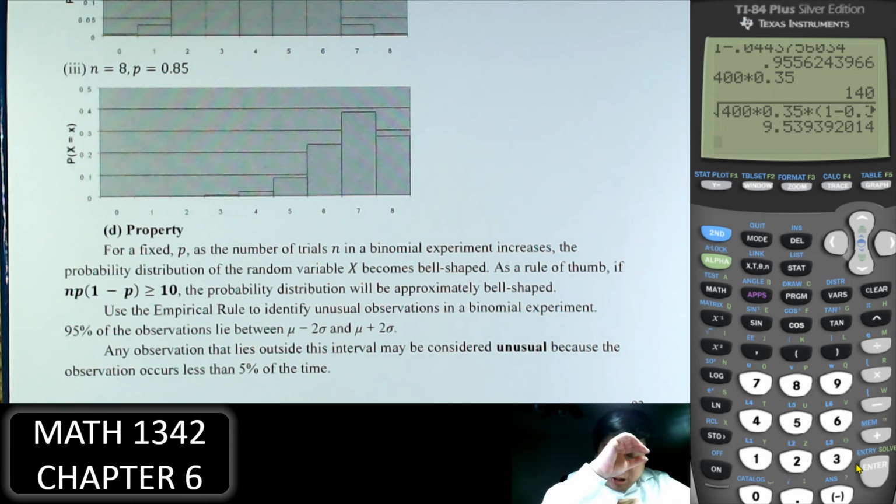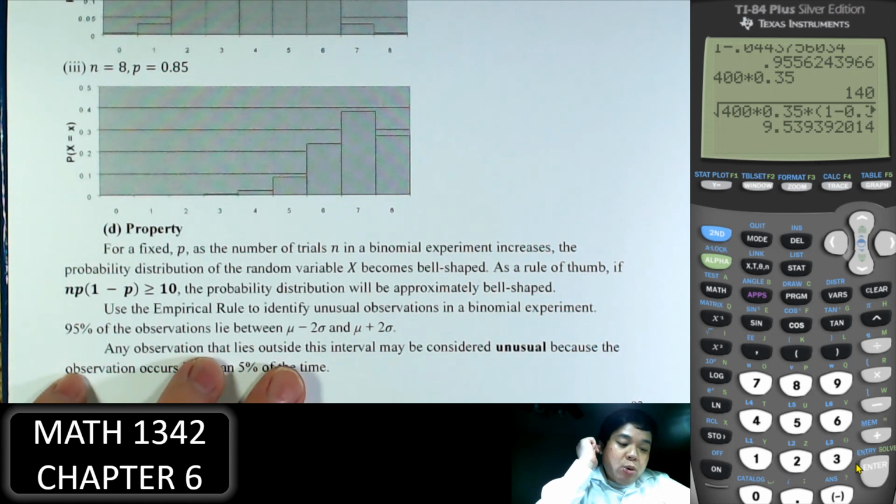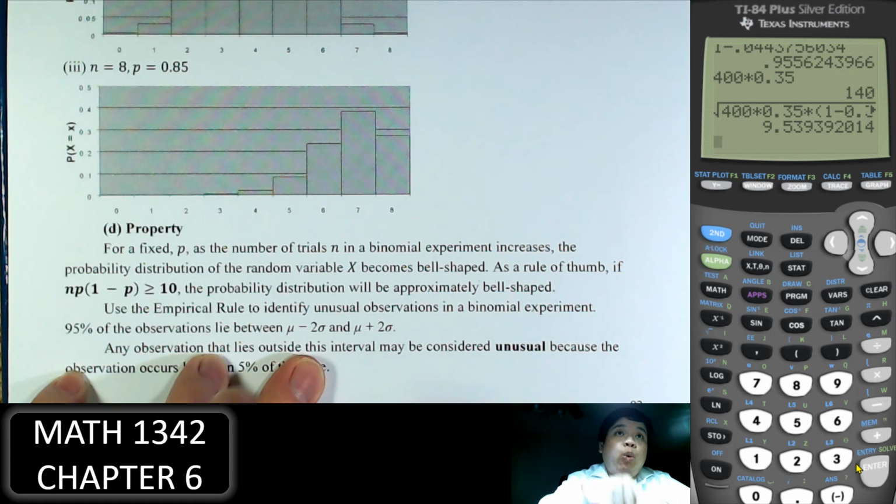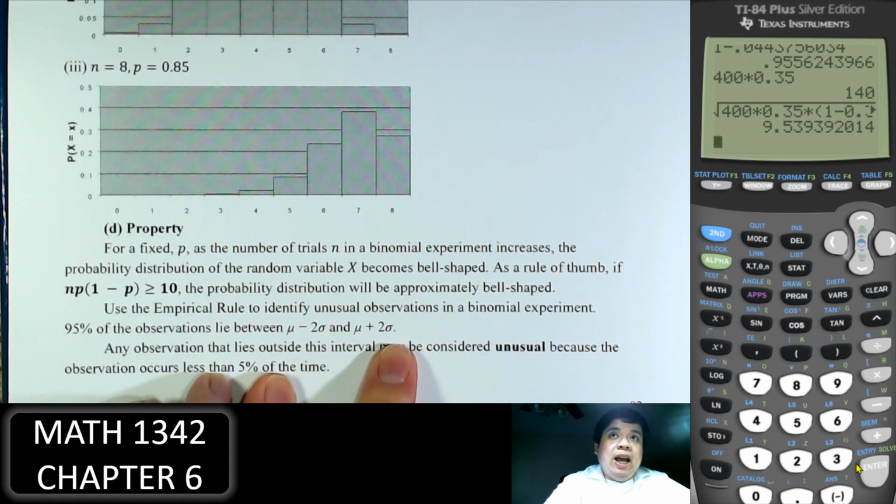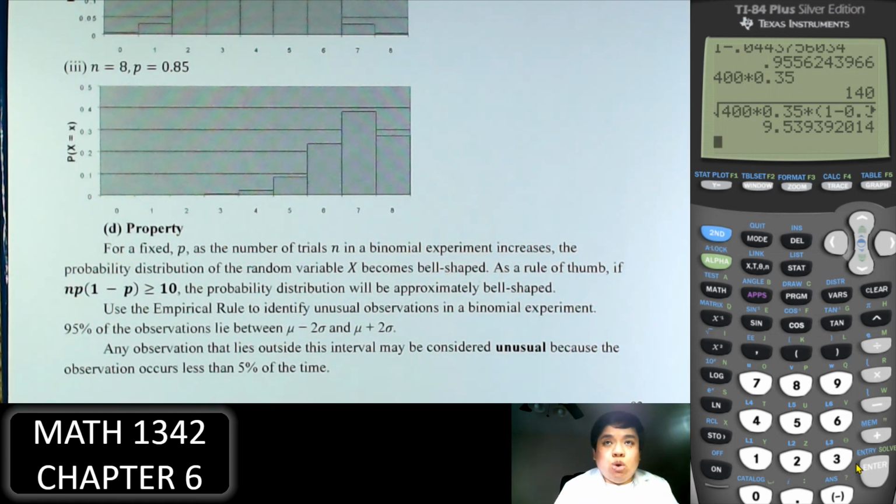And if it is bell shaped, then the empirical rule says that 95% is within 2 standard deviations, and anything outside of that is unusual. The cutoff for usual or unusual is about 5%. If we have less than 5% chance of it happening, that is unusual.